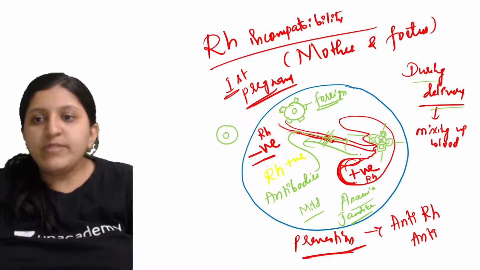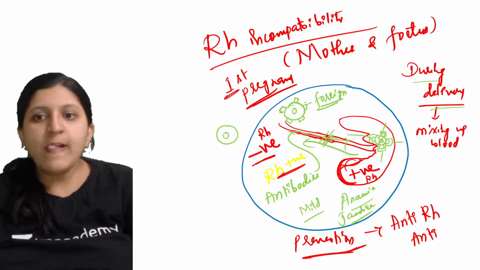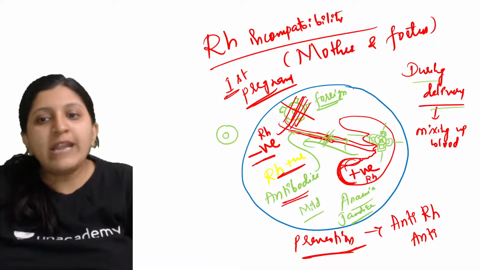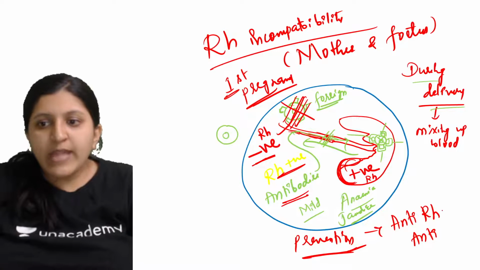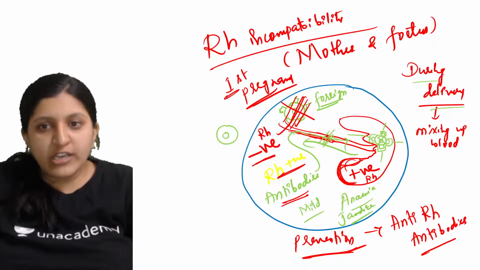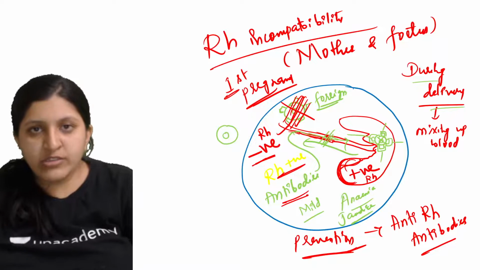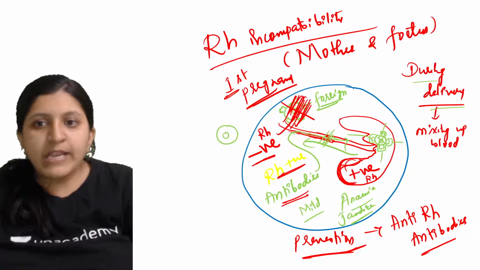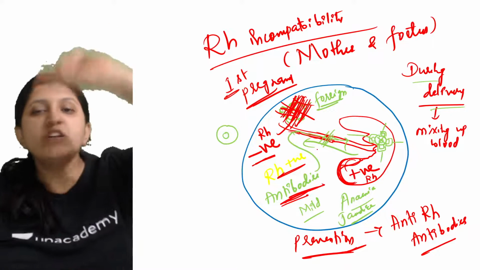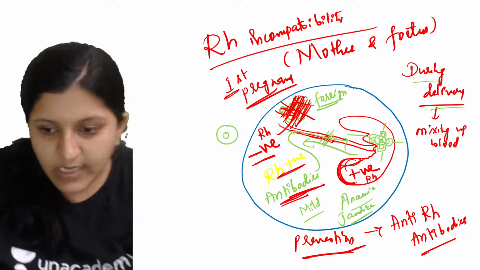This RH positive blood which enters, we need to destroy immediately, even before the antibodies are formed. So anti-RH antibodies are injected into her body, so that they completely destroy it, and the mother does not develop her own antibodies. The second time, the fetus which is growing will be safe.